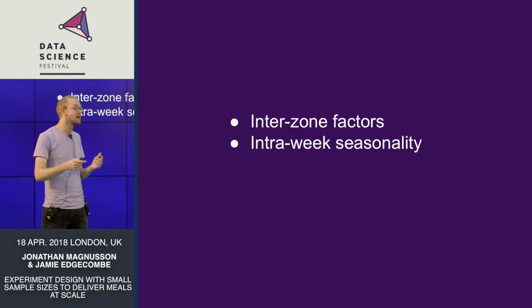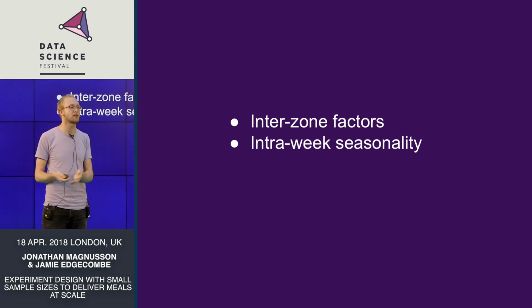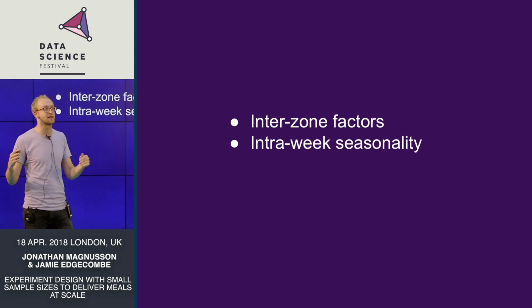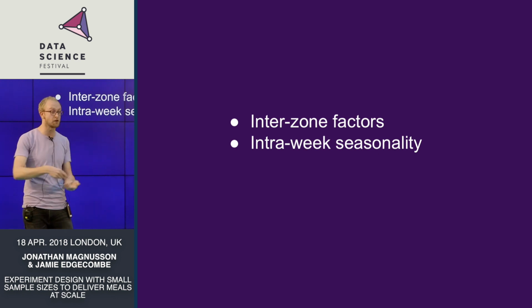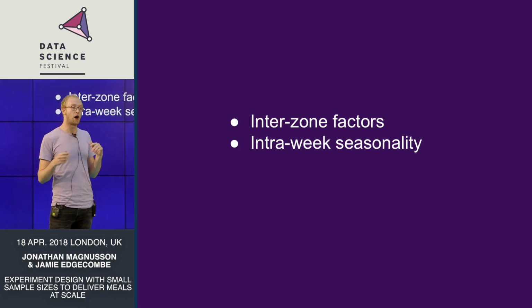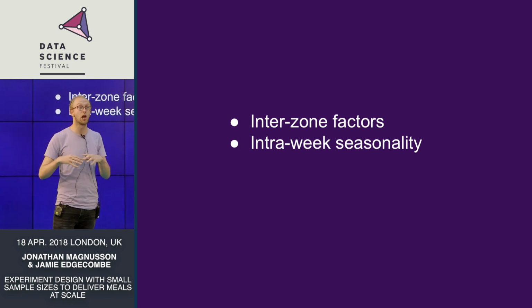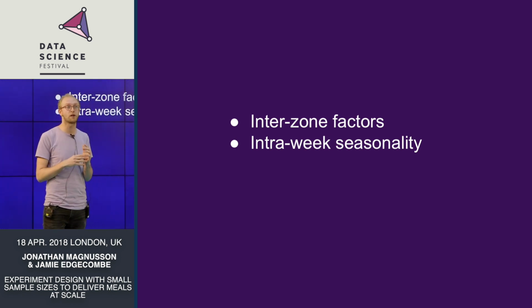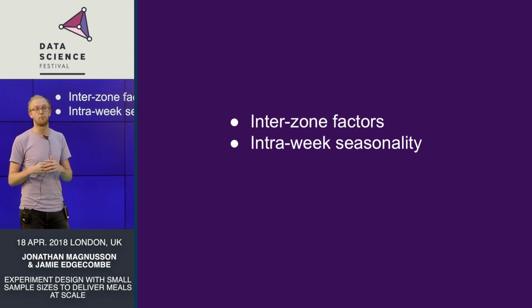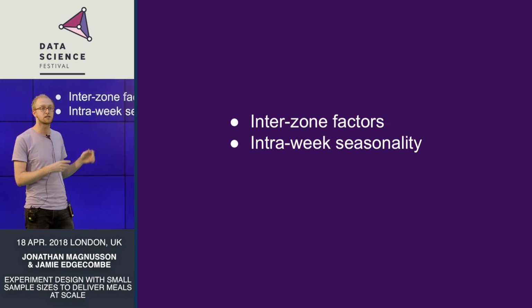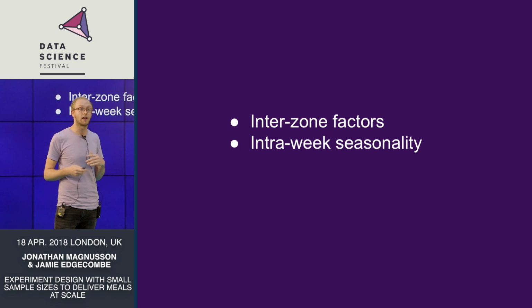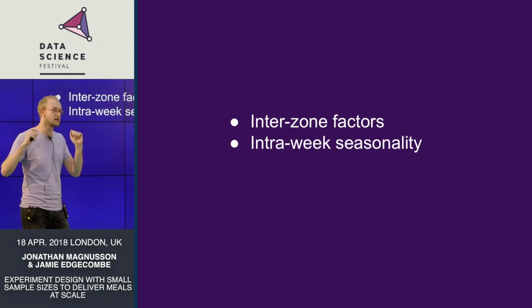What that means is that generally, if we're looking at a metric like average order duration, which is how long on average from when a customer says, I want my food, to when they actually receive the food, the average order duration will be quite low in an area like this. However, if we go to a zone further out on the outskirts of London or anywhere really, it can often be the case that the average order durations are much higher. So there's lots of variance in those data points.